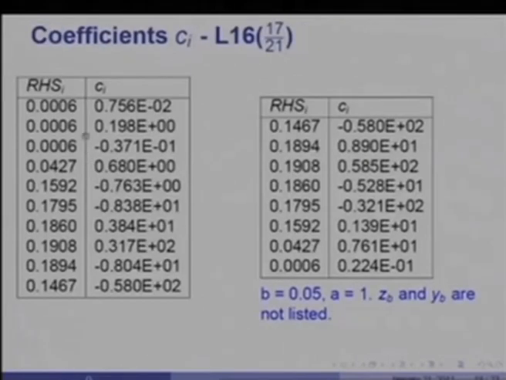Now, of course, here I am not giving you the values of z b and y b, they are very obvious, but notice this, that in this case all coefficients 1, 2, 3, 4, 5 for 17 points which I have chosen, all coefficients are finite, none of them is 0, although some are small, like this one for example is minus 0.371, whereas this is minus 58, which is very large.